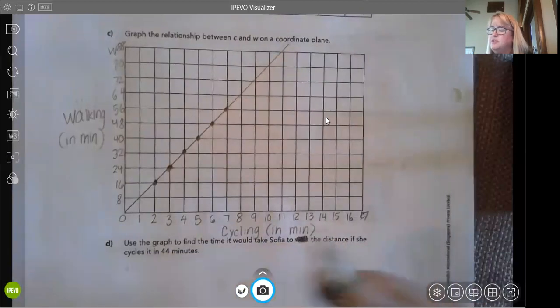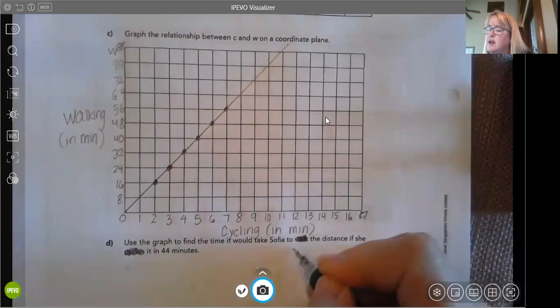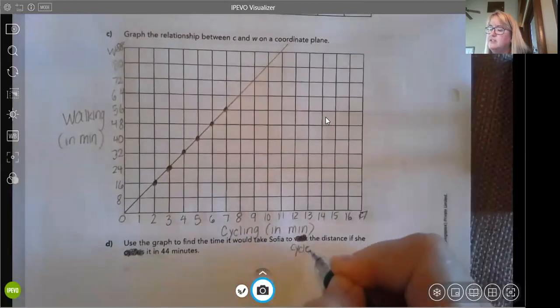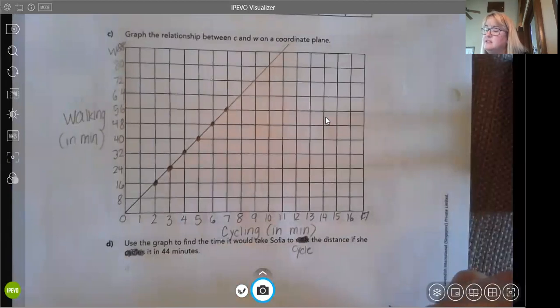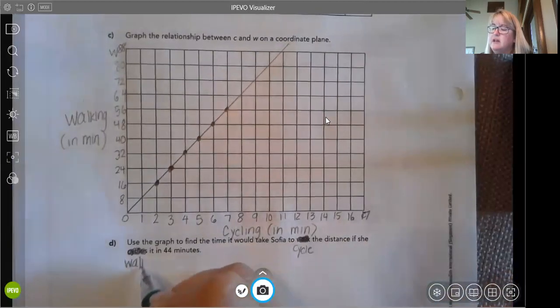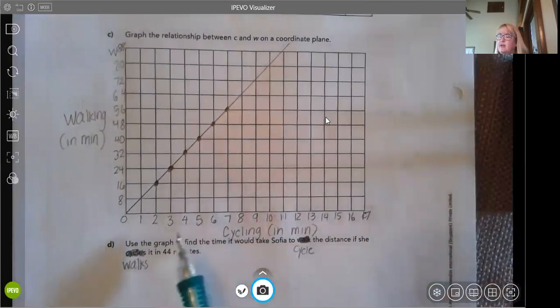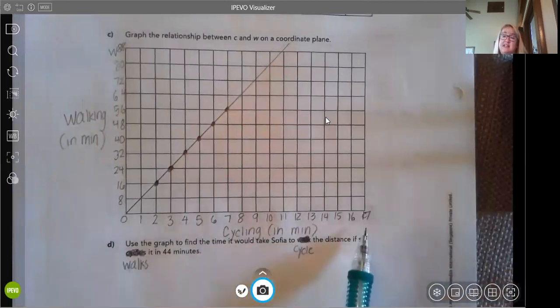Okay, so I want you to mark out walk and cycle. And we want to know how long it takes her to cycle the distance if she walks it in 44 minutes. The reason I know that's a mistake is because it says use the graph, and if it's 44 minutes to cycle, our cycling only goes to 17 on our graph, but walking.